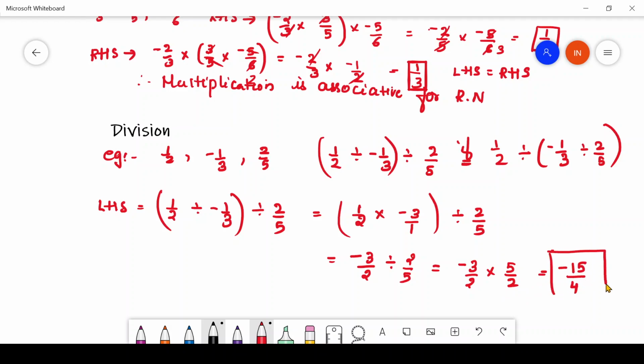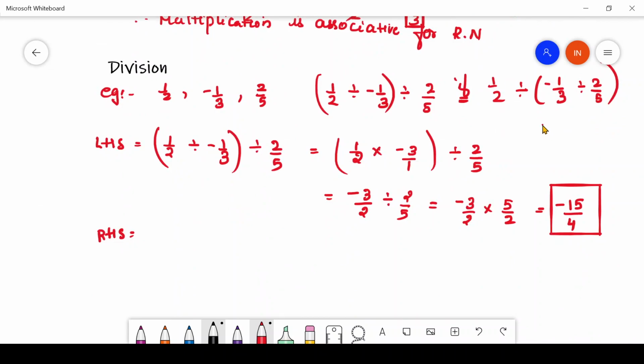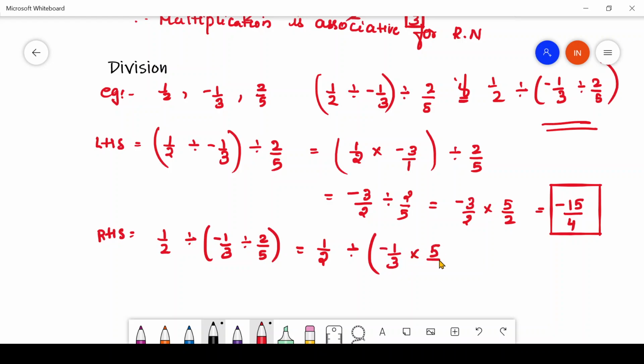So let us see whether we are getting the same for the RHS as well. So RHS will be like, what should be? Yes, it is given here. RHS is this one, right? 1 by 2 divided with negative 1 by 3 divided with 2 by 5 inside the bracket. And now we are going to do the solution for this. So 1 by 2 divided with whatever inside the bracket. How we will divide? Taking the reciprocal of the second number and multiplying it with the first.